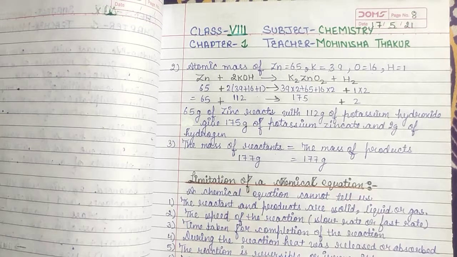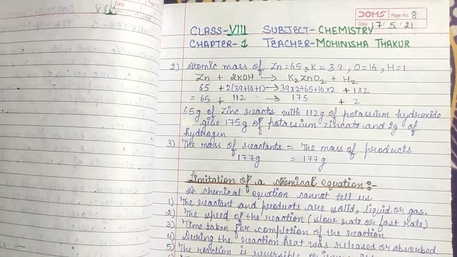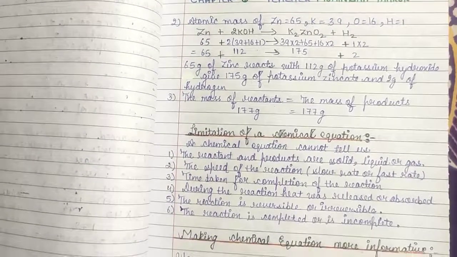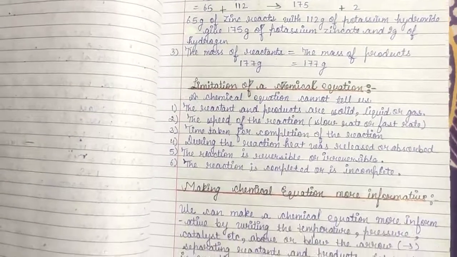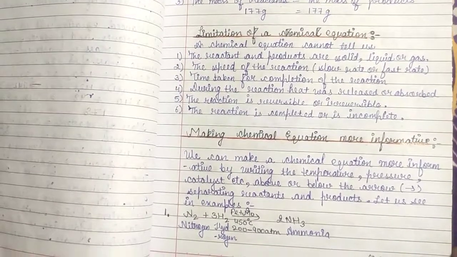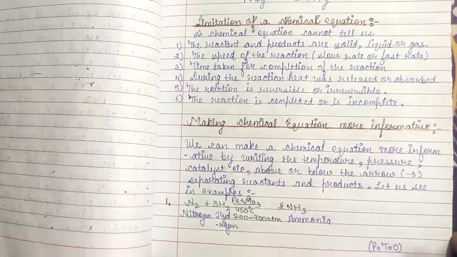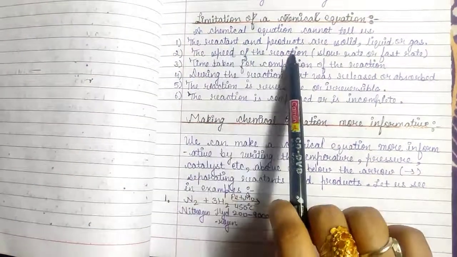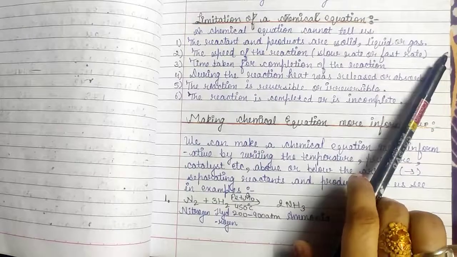Now we will discuss the limitations of a chemical equation. A chemical equation cannot tell us, number 1, whether the reactants and products are solid, liquid or gas.